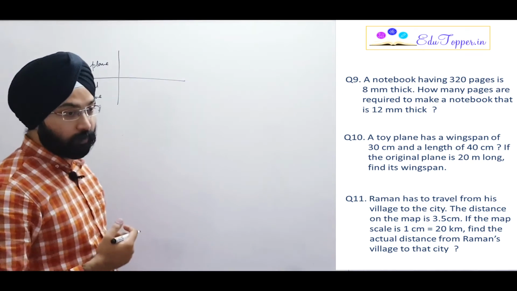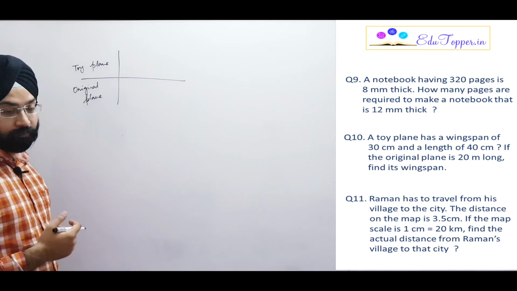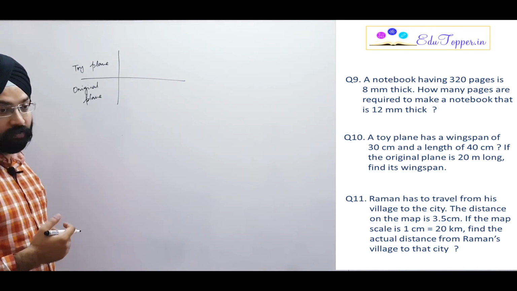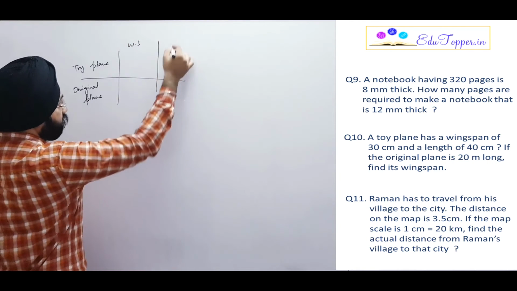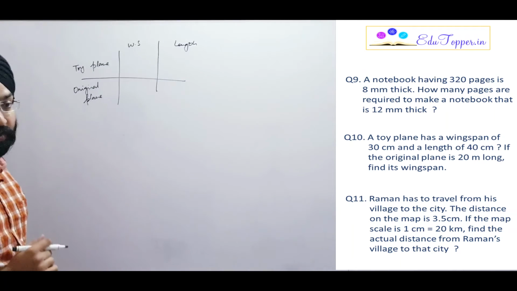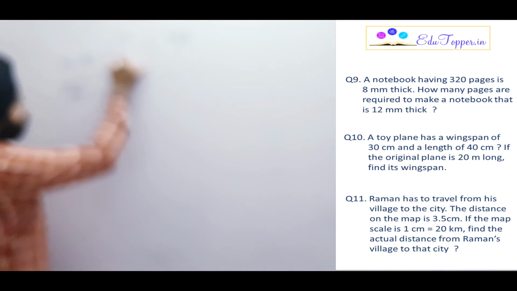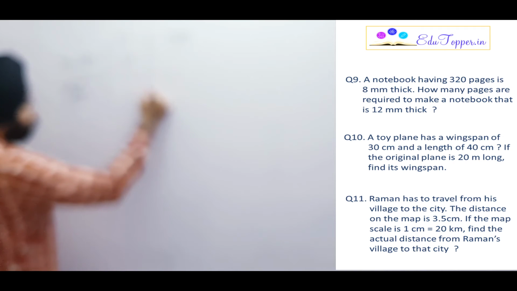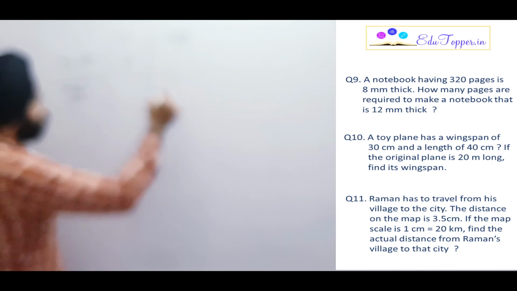So the length of the toy plane is 40 centimeters and the wingspan is 30 centimeters. The question says a toy plane has a wingspan of 30 centimeters. When the wingspan is 30, the length is 40.